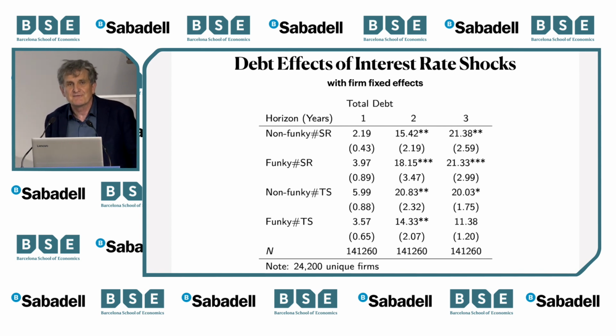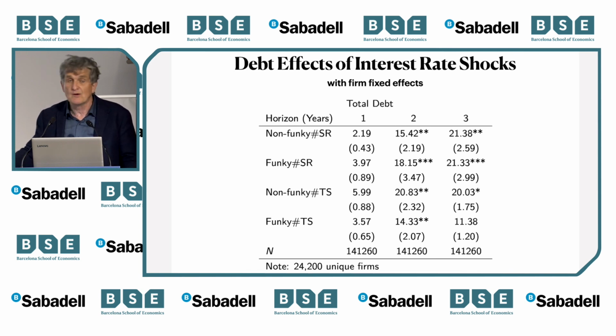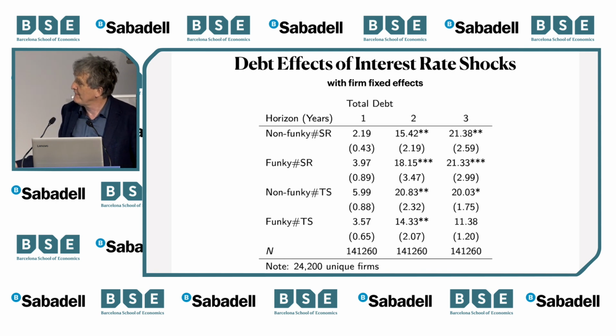A couple more ways of getting an angle on this is, instead of looking at assets, look at liabilities. So we look at total debt. The number of firms that actually report their debt well is quite few, actually. So we're down to 24,000 now.